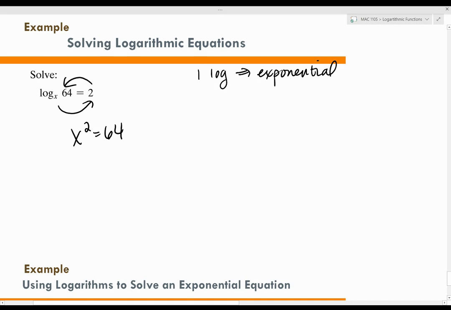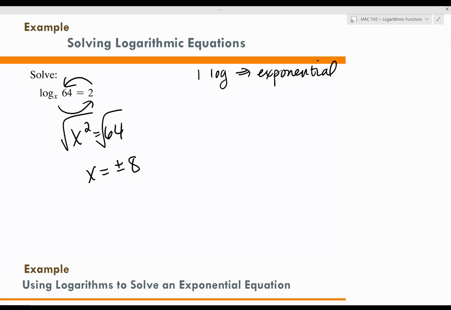When I converted it, it became quadratic. Since it's quadratic, I'm going to solve it like I normally would a quadratic equation. So I'm going to square root both sides. It's going to give me x equals plus or minus the square root of 64, which is 8. So this gives me 2 answers, positive 8 and negative 8.